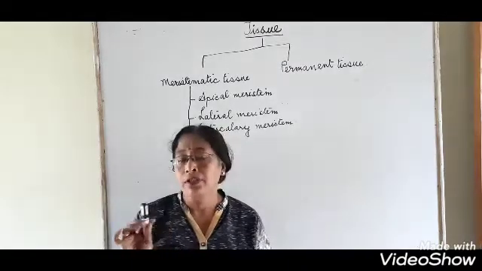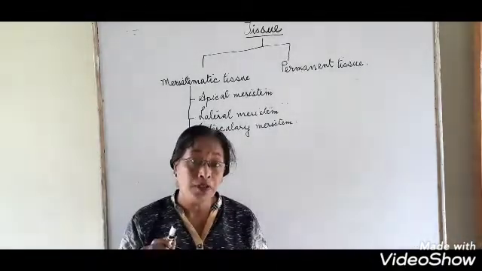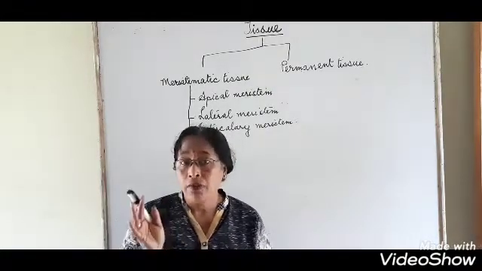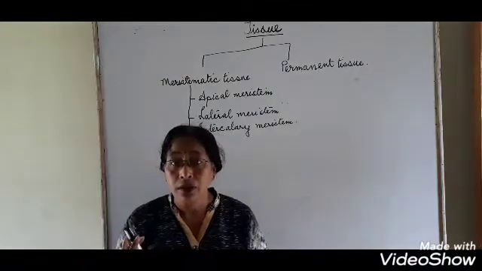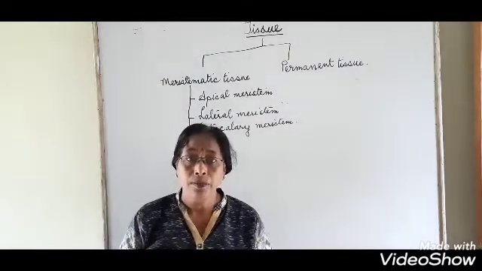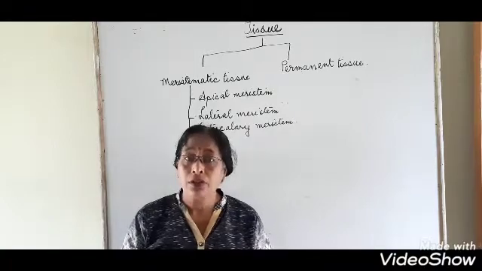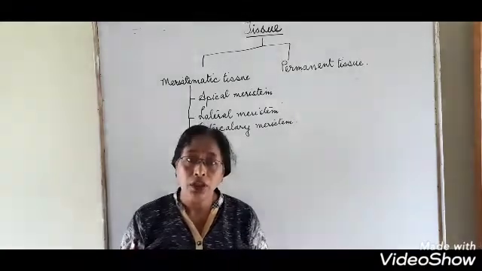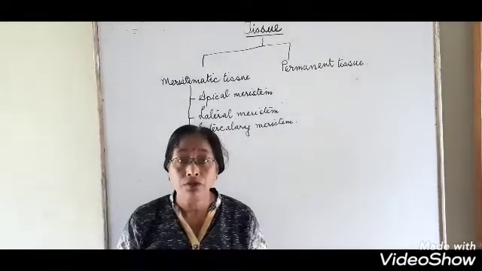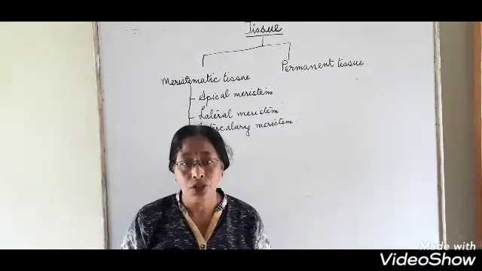The meristematic tissue is made up of meristematic cells. So you can say the region where meristematic cells are present is known as the growth region of the plants. The meristematic tissues gradually mature, differentiate, and then convert into different types of plant tissues.